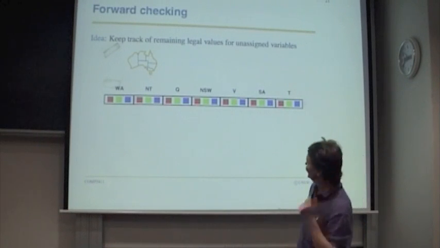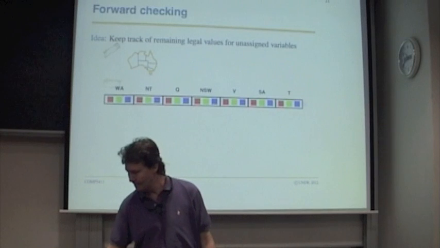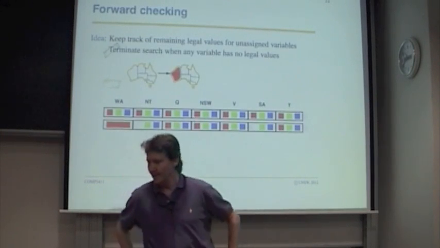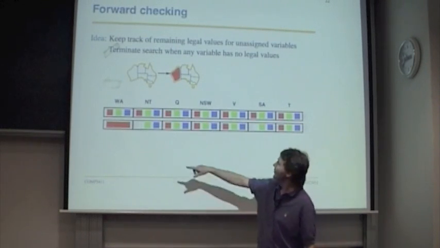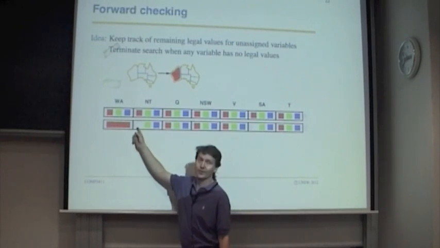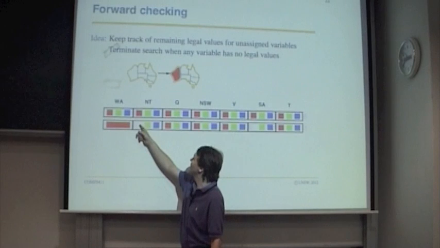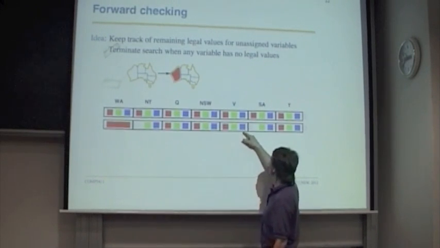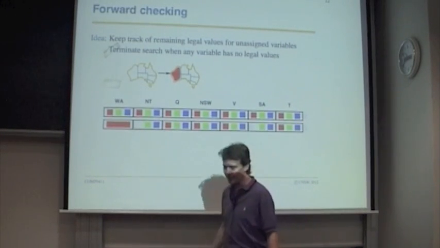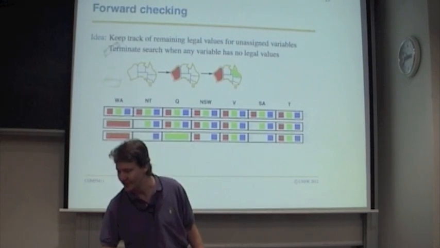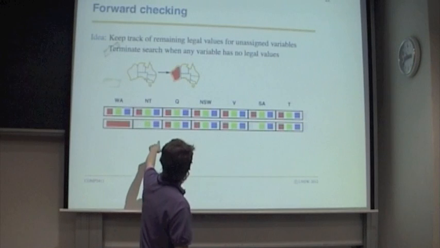Any of those states could be any colour. After we assign red to WA, the Northern Territory can no longer be red, so we cross that off. South Australia can no longer be red. We cross that off, and this helps us choose what to do next.